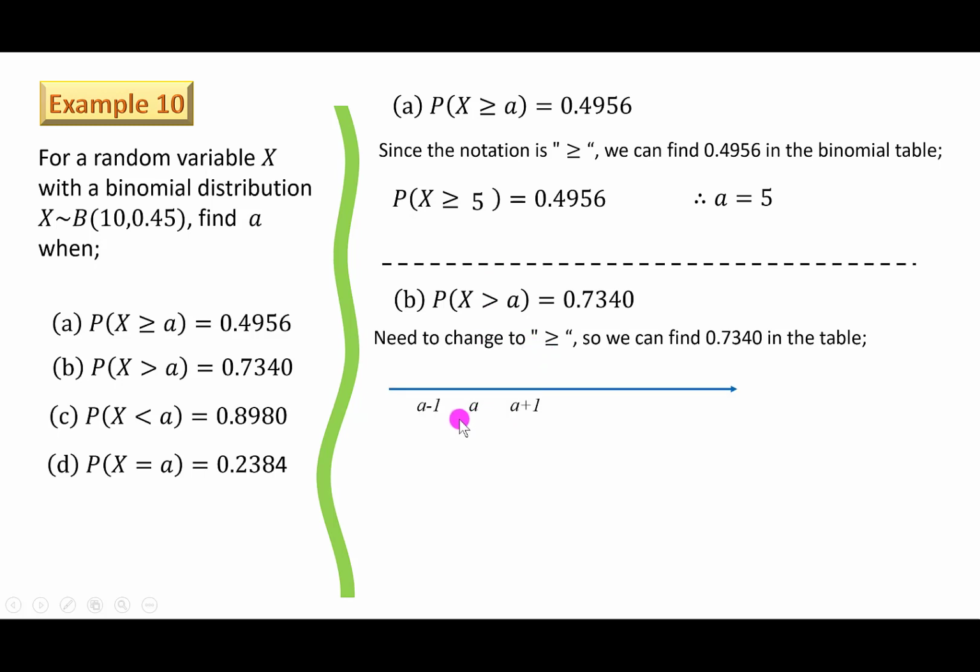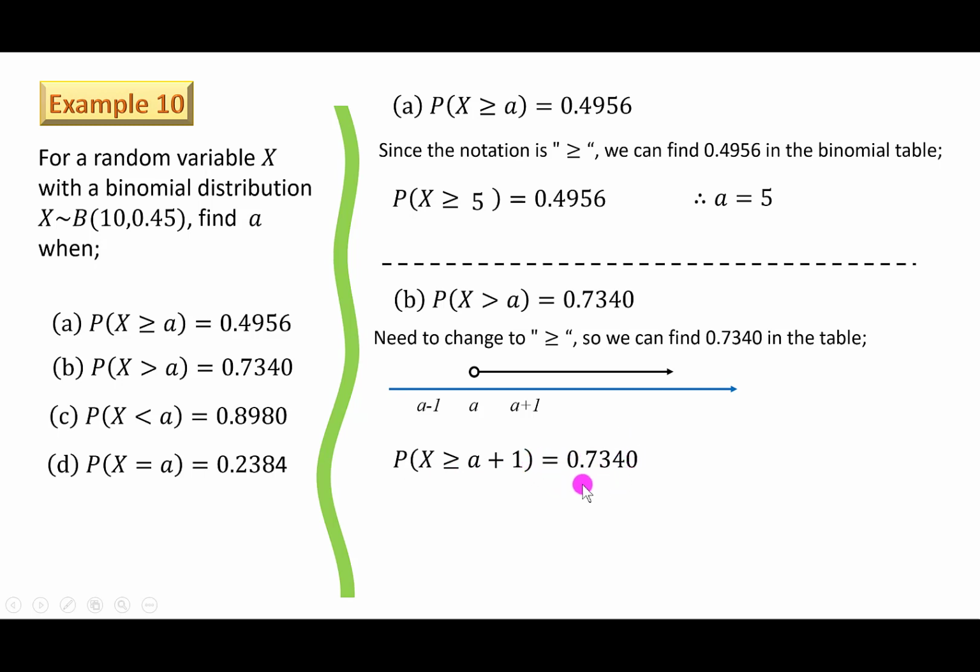If we look at this number line, we have a here but excluded, and greater. Remember this is a discrete distribution. So if it is excluded, then the next number that is included is a plus 1. That means probability X greater than or equal to a plus 1 equals the probability given.